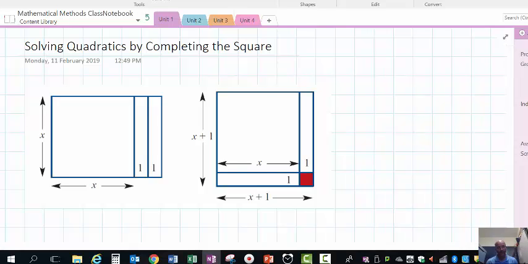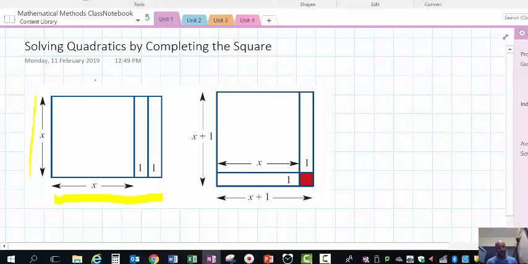You can see that side length x, and we have another one x plus 1 plus 1, so that's x plus 2 by x. So if we write that as x times x plus 2, we can, if we like, expand that, and we've got an area of x squared plus 2x.